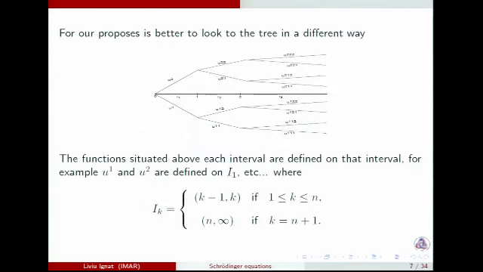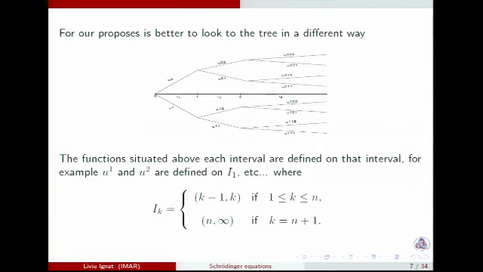Now maybe sometimes it's better to look at it in this way. Suppose that here is 0, 1, here is 1, 2, here is 2, infinity in our case. And we have here u1, u2. You have to number your solution u in a nice way.